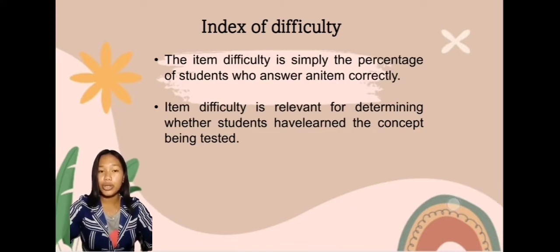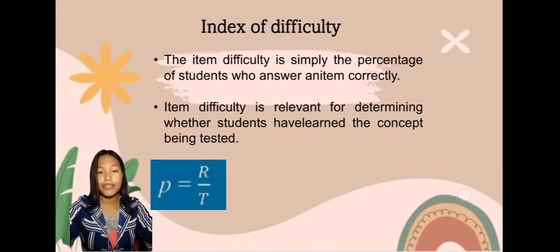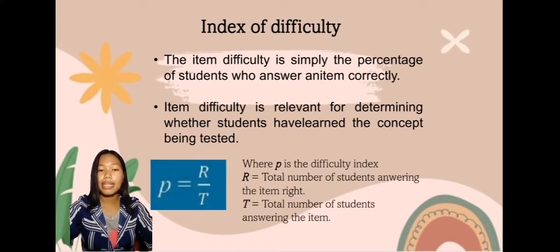So to get the index of difficulty, we have this formula: P is equal to capital R over capital T, where P is the difficulty index, capital R stands for the total number of students answering the item right, and capital T for the total number of students answering the item.